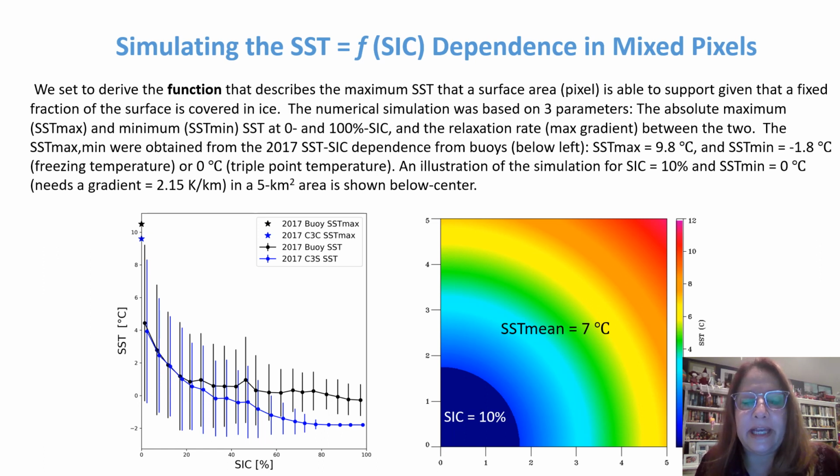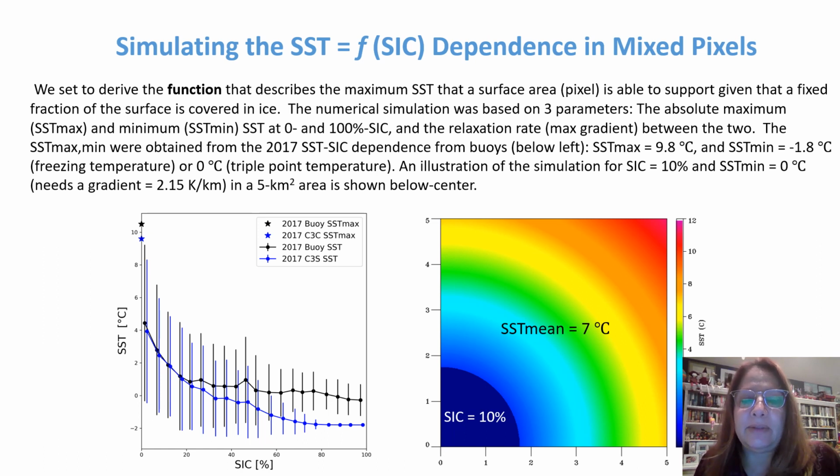At the other end, when the sea ice concentration approaches 0, the buoys behave very similarly to CCI. So for the maximum SST, we use the top of the variability of the SST product, which is 9.8 degrees Celsius. For the minimum, we use the buoy 0 degree temperature, the triple point temperature of fresh water.